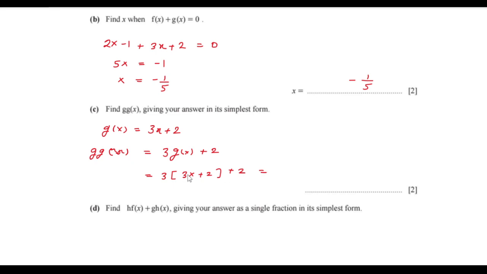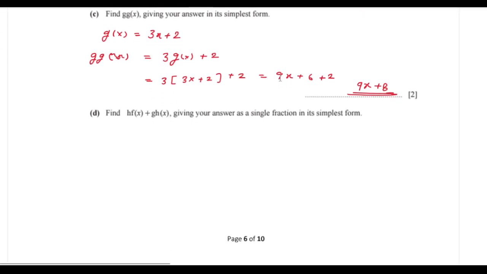So this is 3 times 3 is 9x, 3 times 2 is 6, plus 2. So this will give you the answer as 9x plus 6 plus 2, which is 8. So 9x plus 8 is your answer.